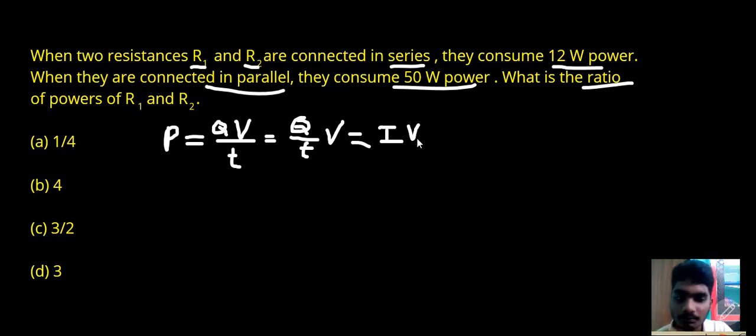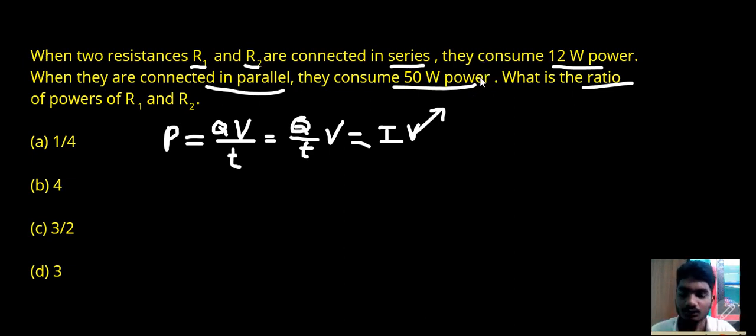Here we have to keep V as constant always. Normally for power, the voltage is going to be constant in any case. In both cases, the same potential difference is going to be used for both situations.